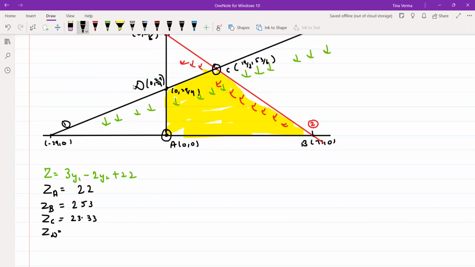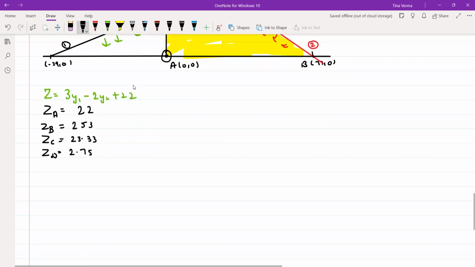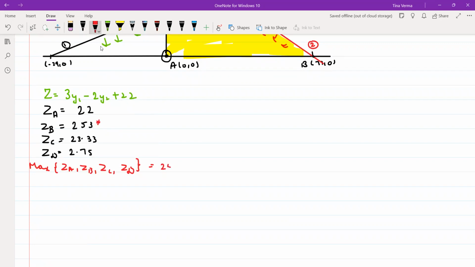And at point ZD, you are getting the value 2.75, right? Now, if my objective function is maximization, I'll choose the maximum value from ZA, ZB, ZC, and ZD, right? So the maximum value is happening over here, 253, which implies my B is the optimal point, right?